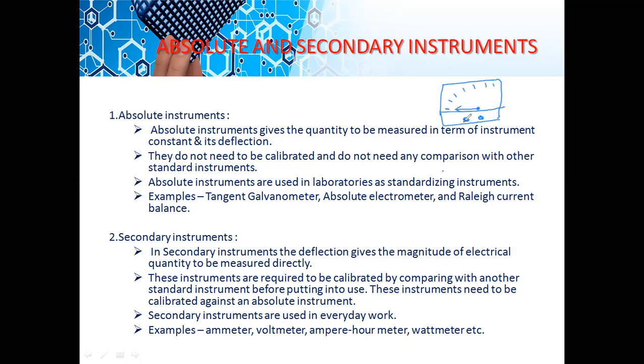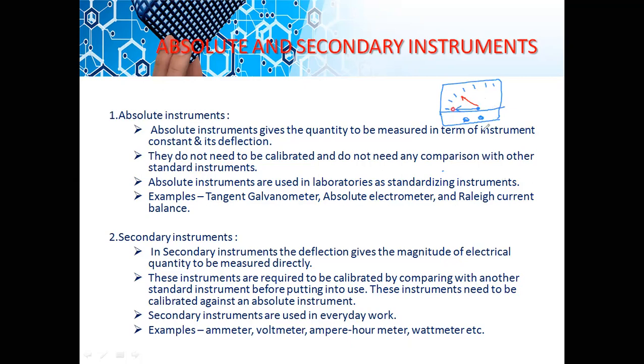Now suppose I connect it to some value, the pointer will be deflecting to some other value. Now, how should I know? When I don't connect any electrical quantity to the meter, the pointer is at a state of rest, pointing like this, say. That means this value should be equal to 0.